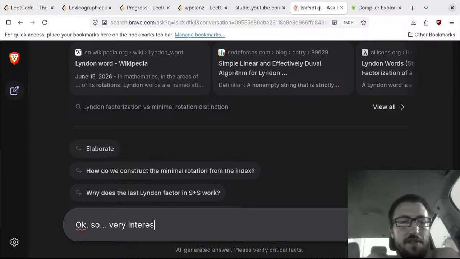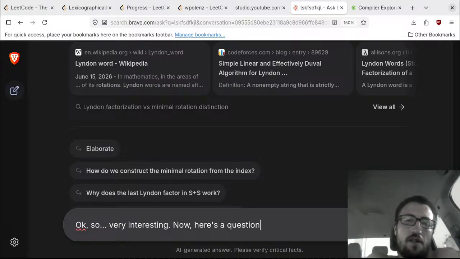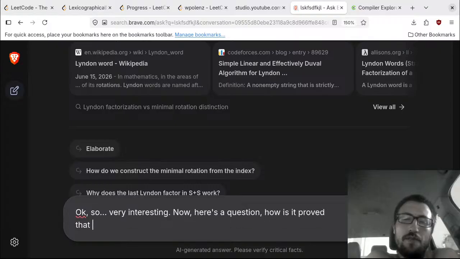Very interesting. Now, here's the question. How is it proved that a given string always has a Lyndon factorization?